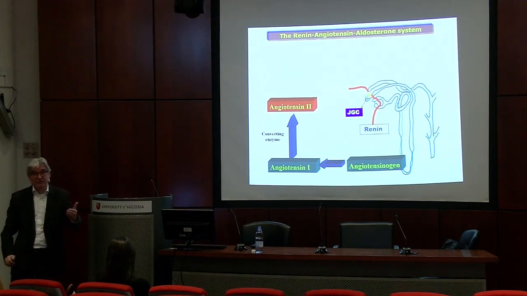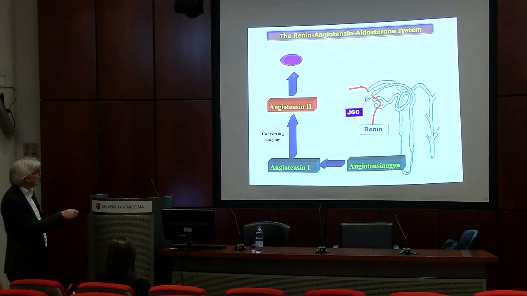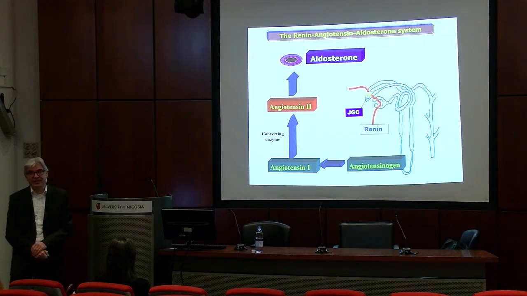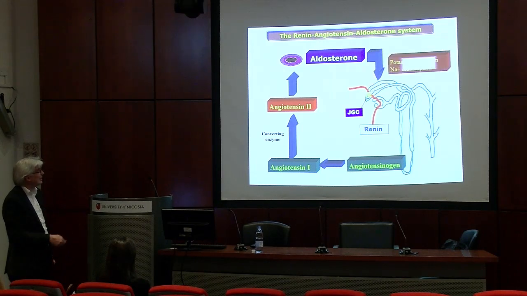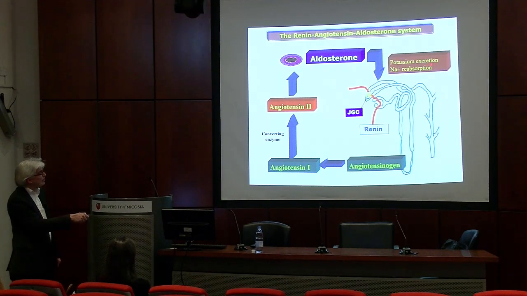That's the most potent vasoconstrictor that we have in the body. And in addition, this angiotensin 2 can stimulate the zona glomerulosa cells to produce and secrete aldosterone. And we have seen already that aldosterone will take care that in the distal tubule there is excretion of potassium and reabsorption of sodium.